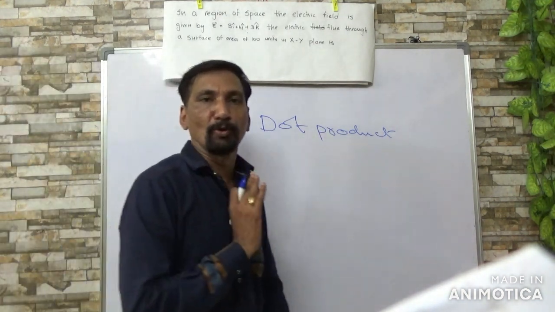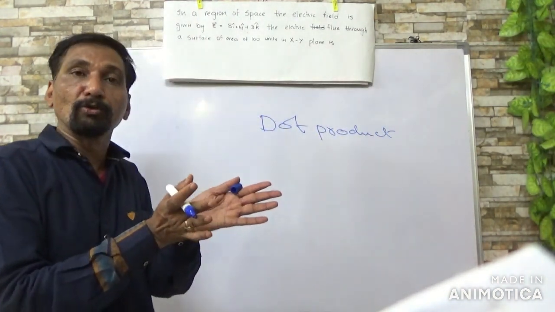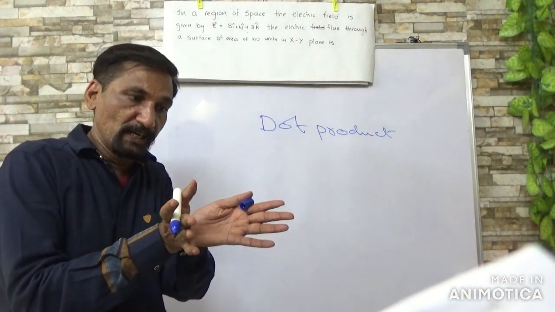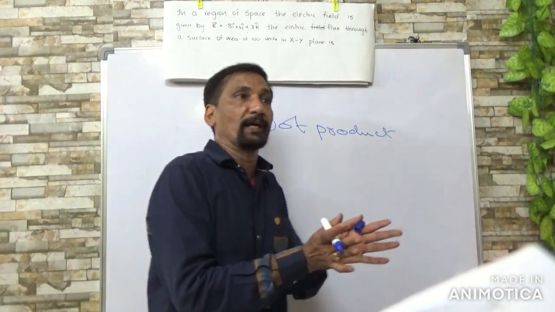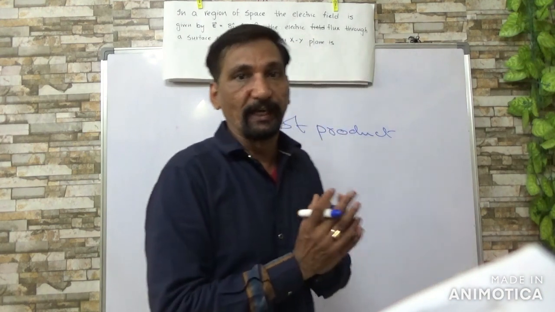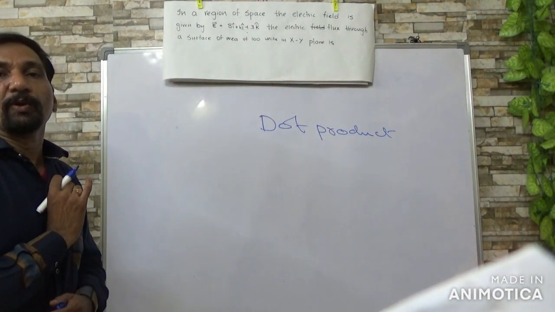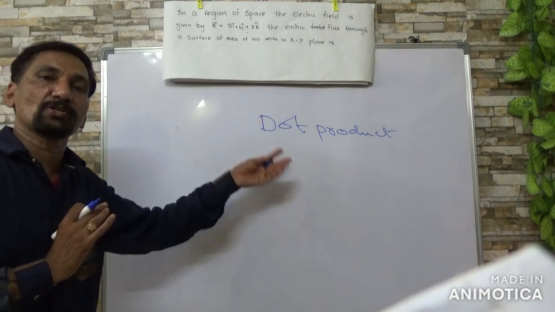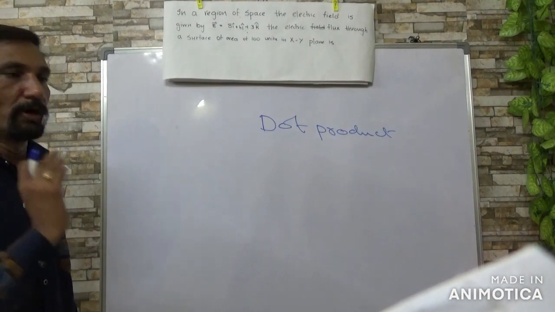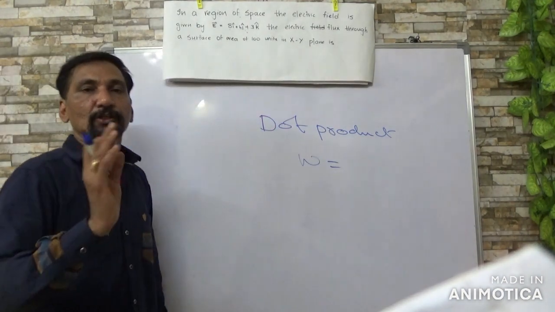Remember one important point about dot and cross: by doing dot you get the area covered between the 2 vectors, by doing cross you get the total volume. Cross gives a vector, dot gives a scalar, so that is why it is also called the scalar product. In physics we come across different dot products.